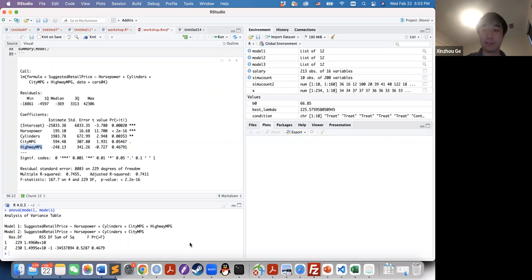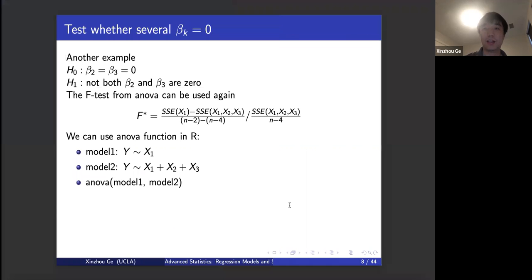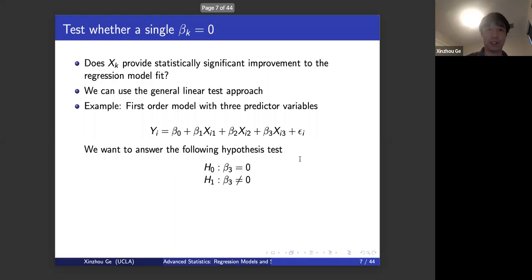It further confirms the meaning of the single predictor test. The test for whether beta k equals 0 shows whether adding this predictor will provide statistically significant improvement to the regression model.